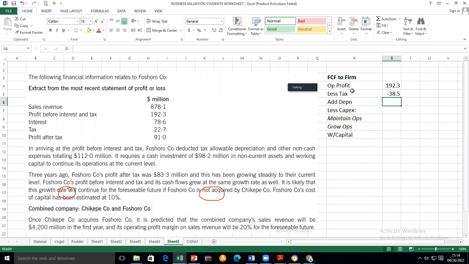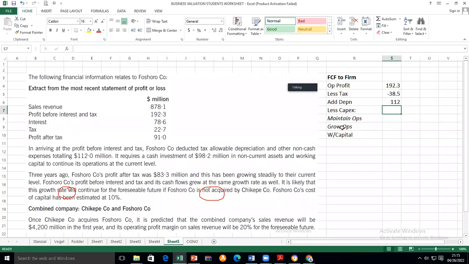Depreciation, let's convert this to a cash flow. If company deducted tax allowable depreciation and other non-cash expenses totaling 112, it requires a cash investment of 98.2 in non-current assets and working capital to continue its operations.